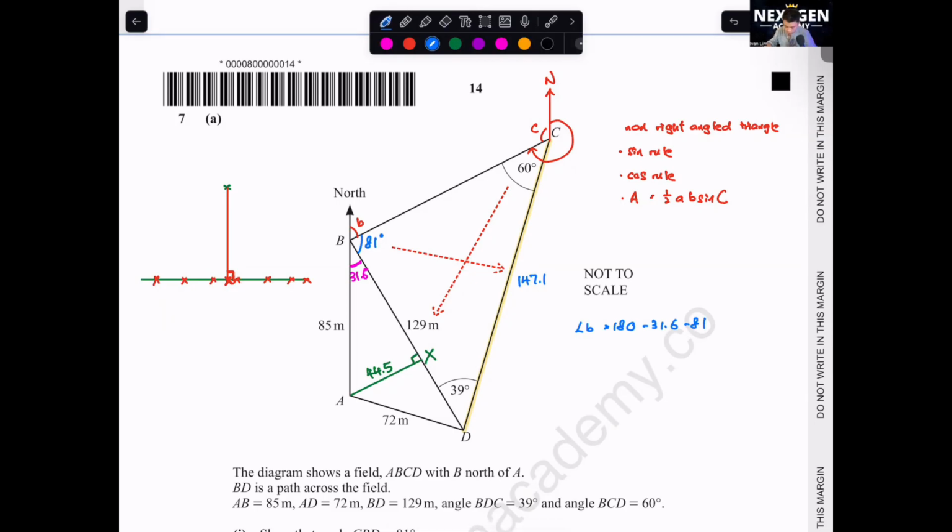We get 67.4 degrees. And the angle C, which is 180 minus 67.4, which will get 112.6 degrees. Then the bearing will be 360 minus 112.6, which will be 247.4 degrees. It is 67.4, 112.6.